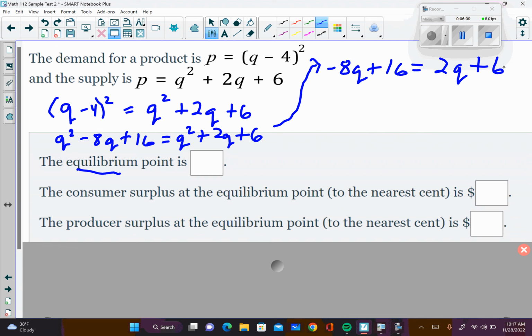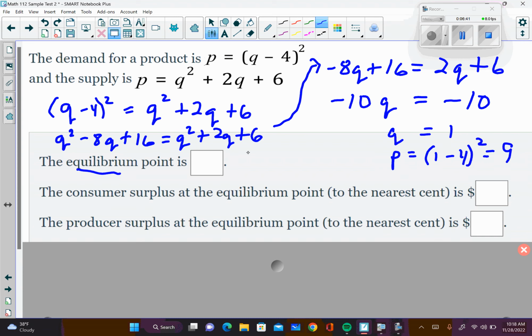And subtract 2Q from both sides, negative 8Q and negative 2Q is negative 10Q. And subtract 16 from both sides, 6 minus 16 is negative 10. Divide both sides by negative 10, so Q equals positive 1. And when we put 1 into either of these, I'll choose this one, 1 minus 4 squared is positive 9. So the equilibrium point is the x coordinate is 1 and the y coordinate is 9.